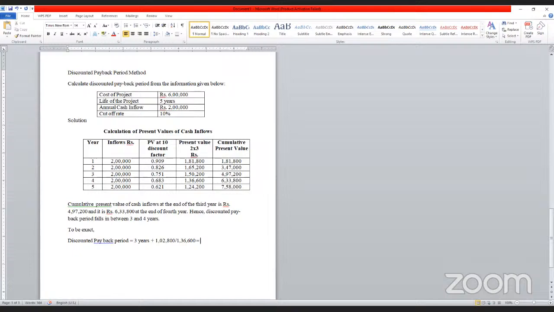So how much you will get? You will get 3.33 years approximately. Like this, you need to calculate.